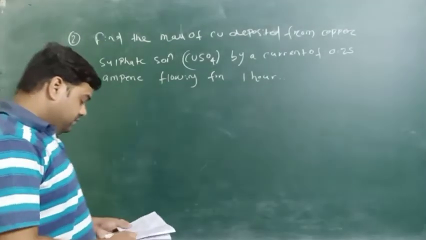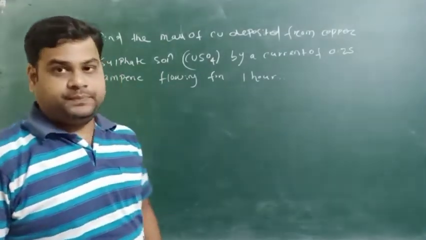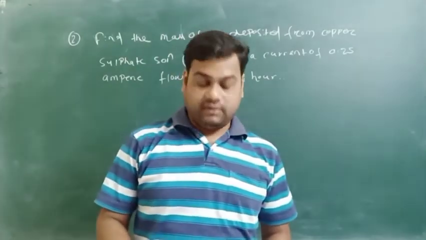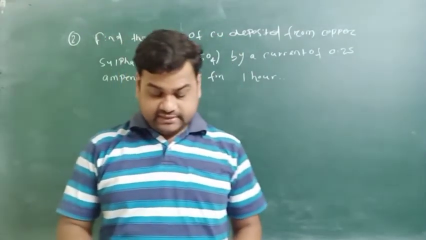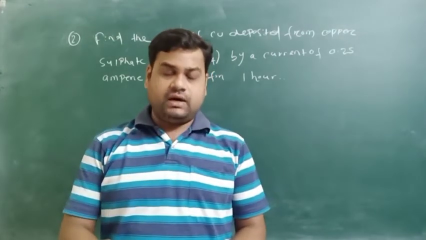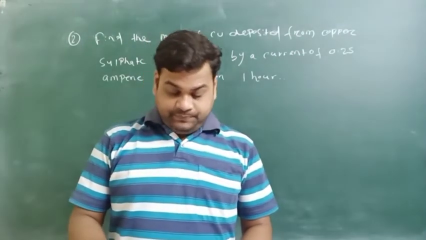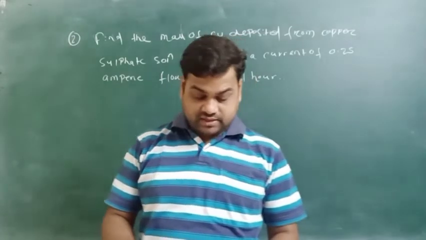So we know that the strength of the current I equals 0.25 ampere, and the time is t seconds. T means 1 hour. 1 hour means 3600 seconds.